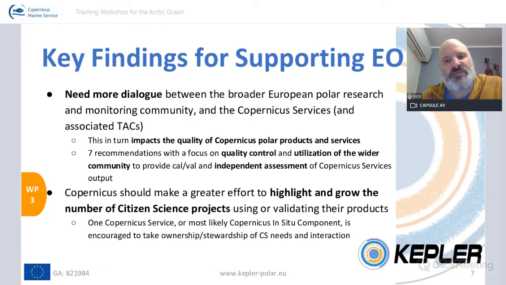However, to support the Earth observations, we realise again there needs to be a lot more focus on ground truth, so validation and calibration of the information coming from the satellites, and there needs to be a broader dialogue between the European Polar Research and Monitoring Community and the Copernicus services, because at the moment we can see this is impacting the quality of polar products and services on offer.